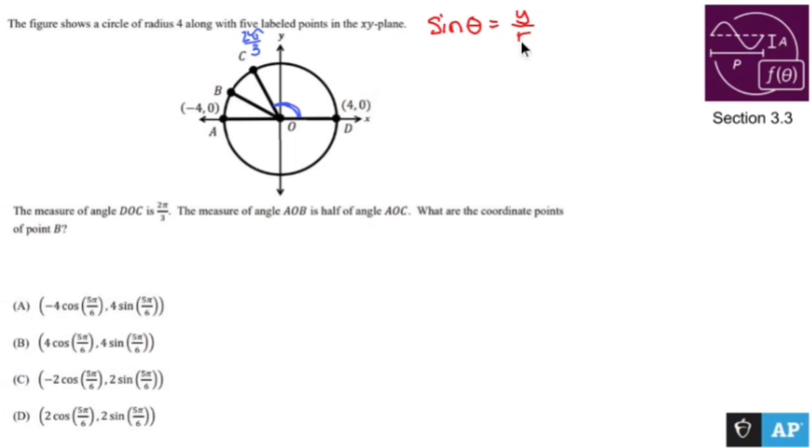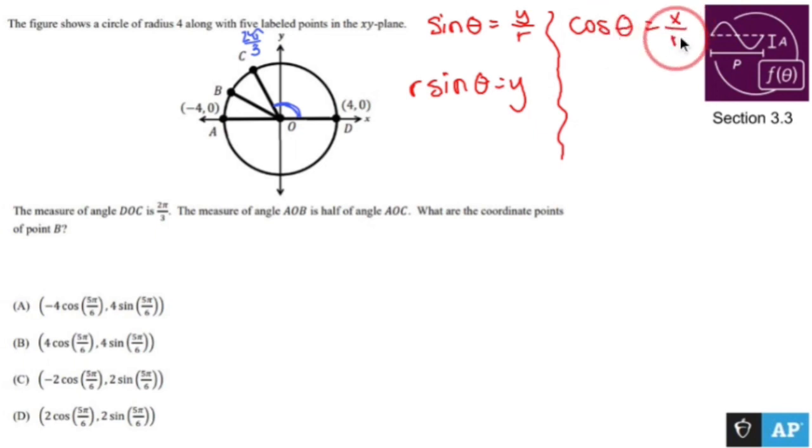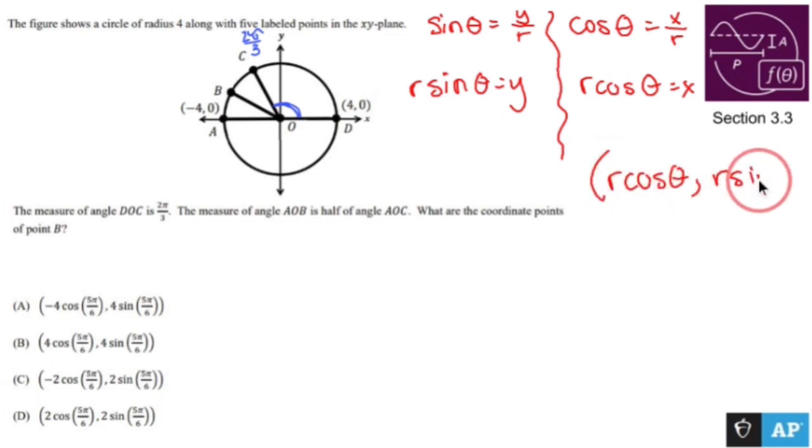So I multiply both sides by r, and I get r sine theta equals y. You might be thinking, how will that help us? I'll show you in a minute, because similarly cos theta equals x over r. Multiplying both sides by r gives me r cos theta equals x. So now I can organize this in point form as r cos theta, r sine theta.